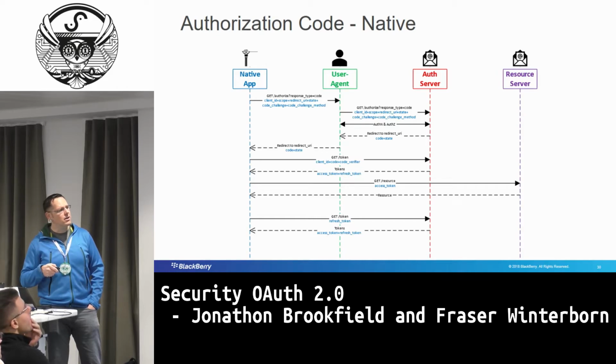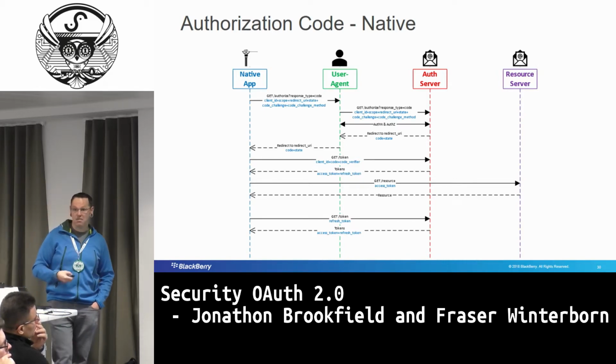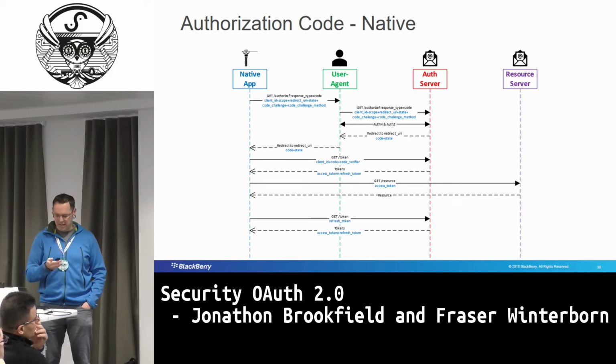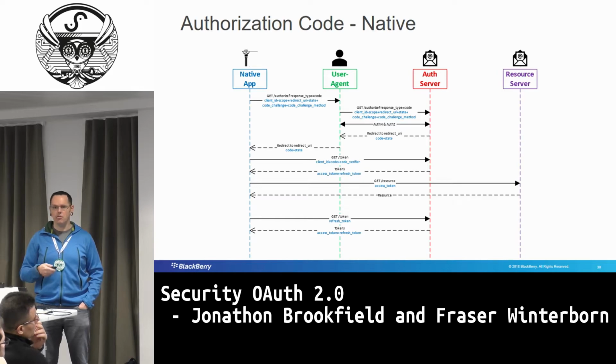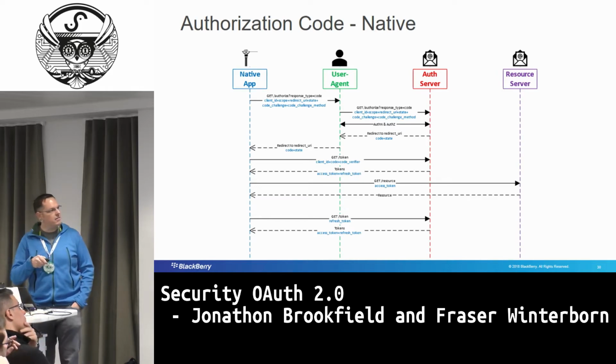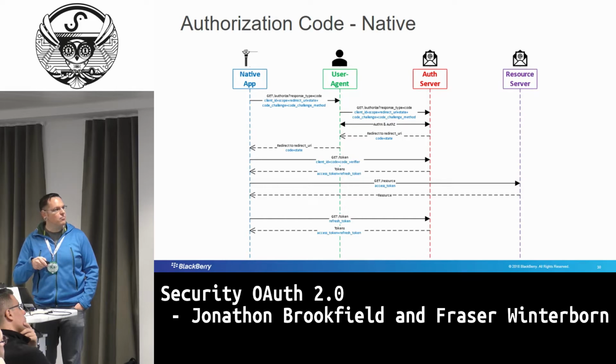Basically, the client creates a secret, sends a hash of that secret via the user agent, ultimately to the authorization server, and then when it's redeeming the authorization code, it provides the original value. The idea is to tie together, effectively bind, those 2 requests. Other than that, the flow looks exactly the same as the authorization code flow for a web app, only obviously these redirect URIs are redirecting from a browser to a native app.